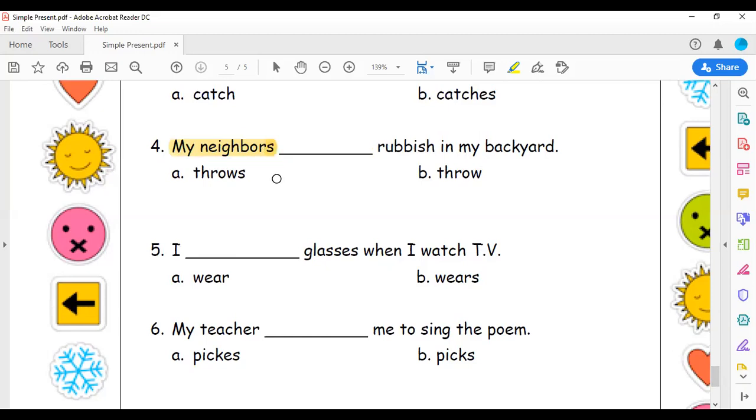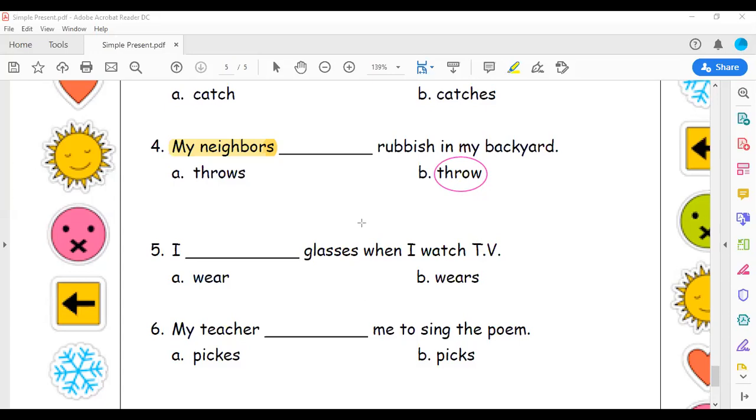S. Okay, so this is plural. Bravo, plural. So, what do I do with the plural subject? I don't add anything. Good job. So, it is throw. My neighbors throw rubbish in my backyard.